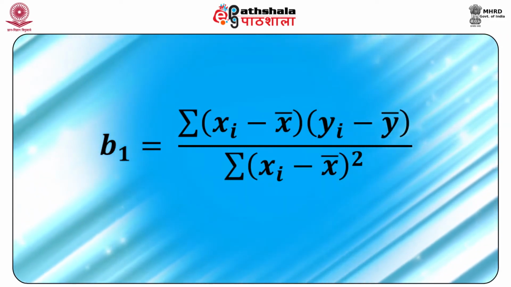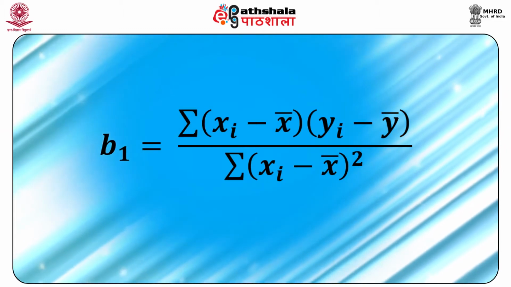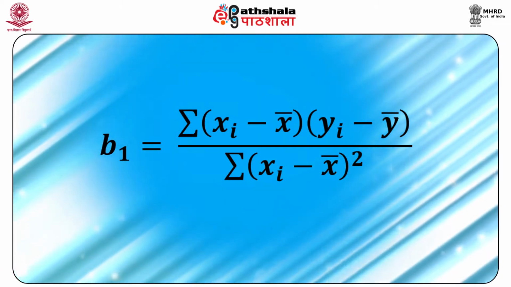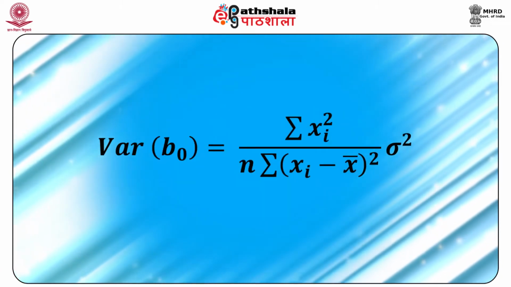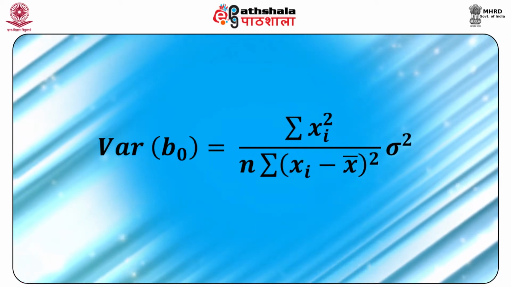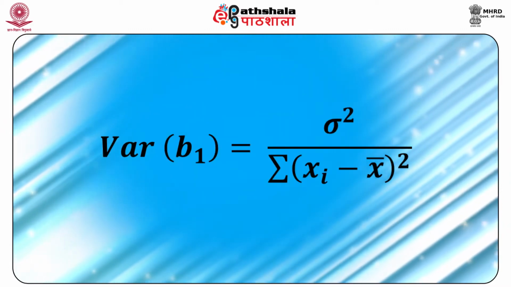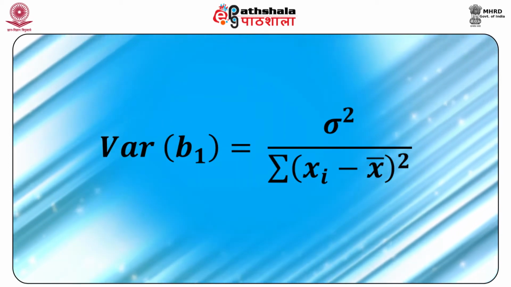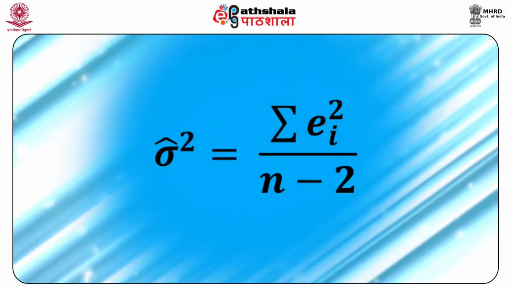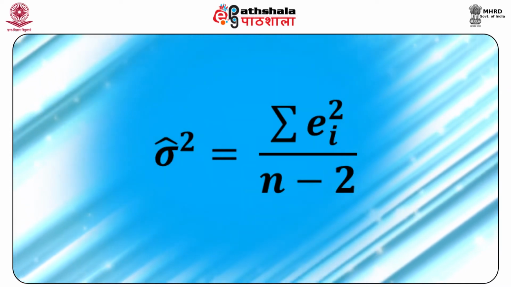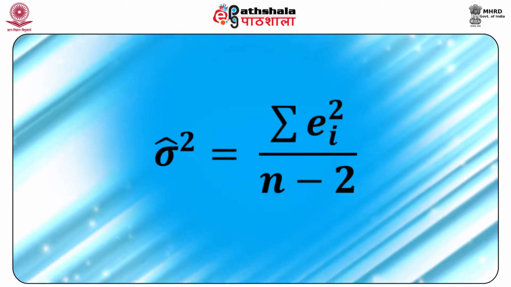We are also familiar with our result of b1 equal to sigma xi minus x bar into yi minus y bar upon sigma xi minus x bar square, with variance of b0 equal to sigma xi square upon n into sigma xi minus x bar square all into sigma square, and variance of b1, if I repeat, is equal to sigma square upon sigma xi minus x bar square, and we know that sigma hat square in such a model is equal to sigma ei square upon n minus 2. So, these are our standard results in a standard linear regression model.